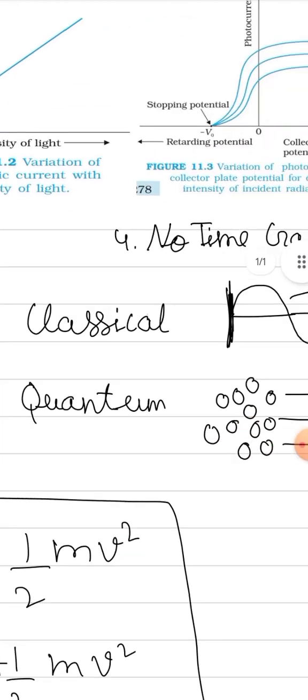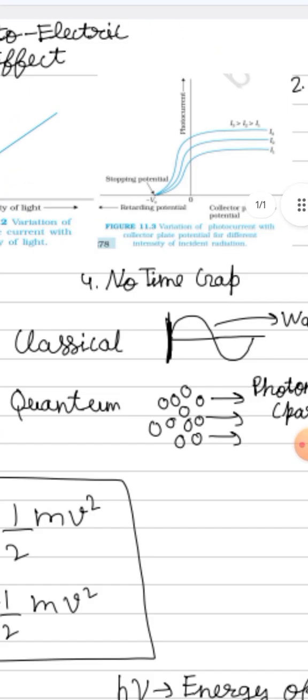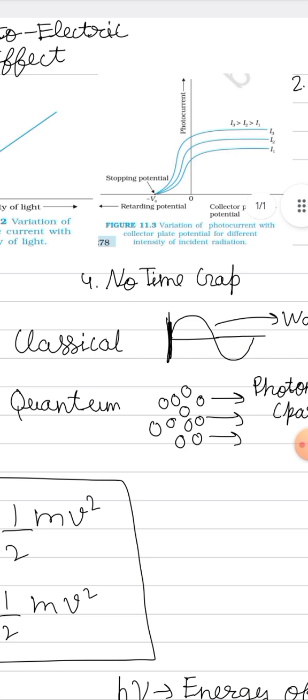And also, according to the classical theory, there should be some time gap between the incidence of a photon and the detection of the current. But in experiments we see that the photoelectric effect doesn't have any time gap.